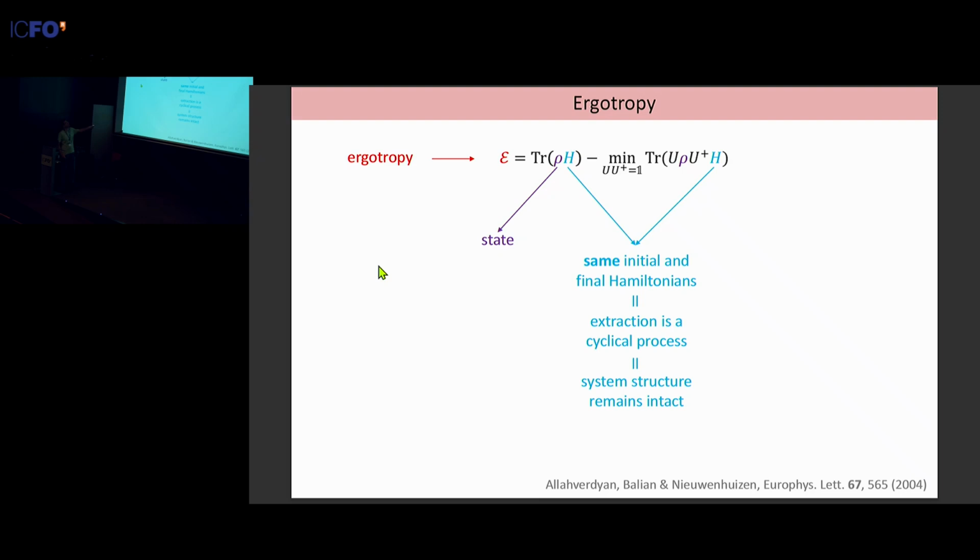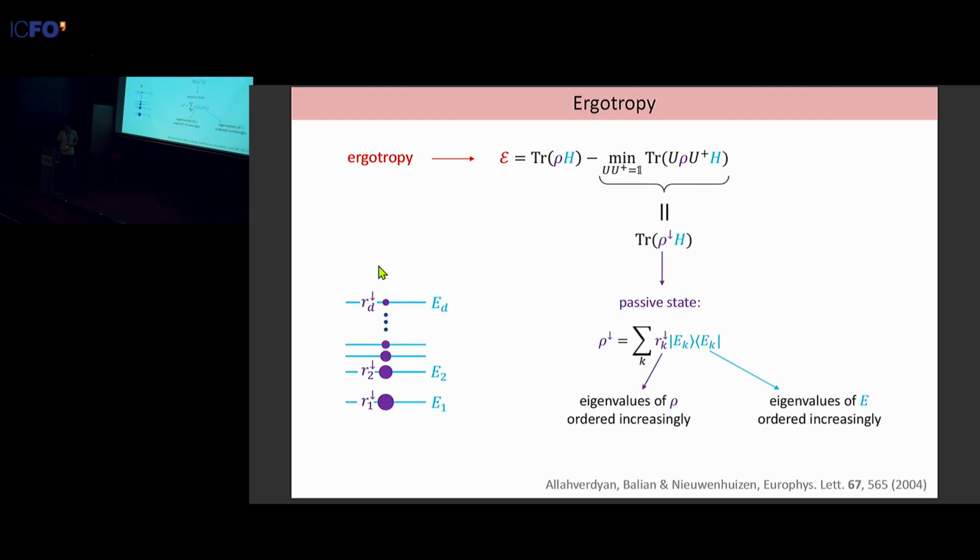So it is the initial energy minus the final energy, minimized over all the unitary evolutions that you could do on your rho. Importantly, the final and initial Hamiltonians are assumed to be the same, which means that by the end of the process, your battery returns to be the battery. So you do not mess with the structural integrity of the system while extracting some energy from it.